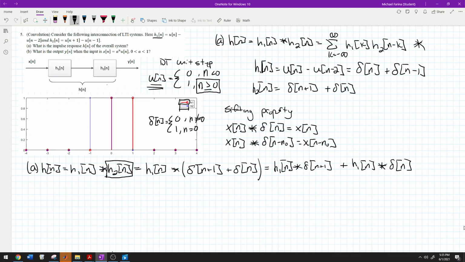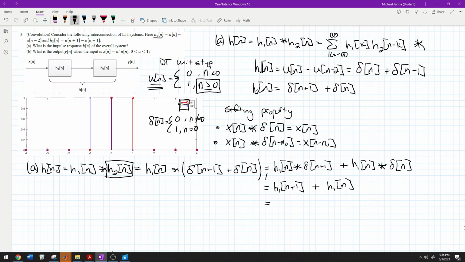Now, our sifting properties tell us what these convolutions are equal to. This is our sifting properties here and here. So that's going to be equal to h1 of n plus 1 plus h1 of n.